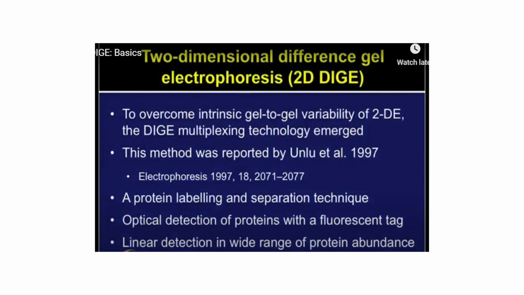What Sir talked about in terms of DIGE is, what is DIGE basically, to introduce? It is a method to overcome intrinsic gel-to-gel variability. In two-dimensional electrophoresis, which we did in our third week, we dealt with that technique right from sample preparation to the end, how analysis needs to be done using 2D gel electrophoresis.